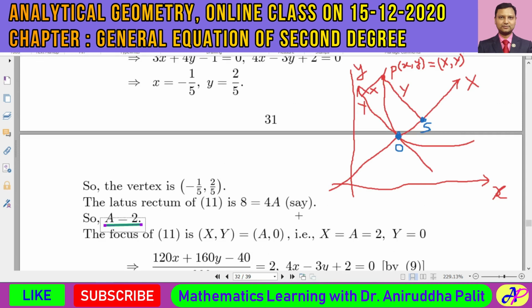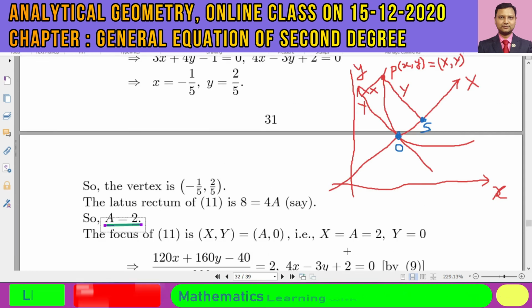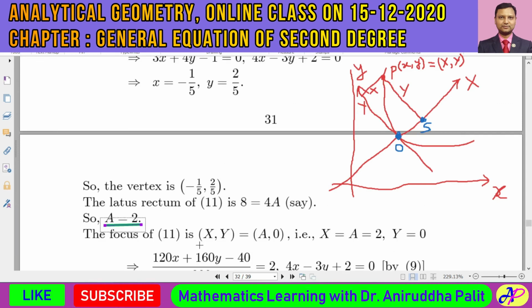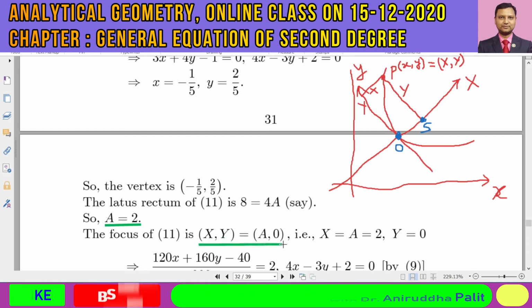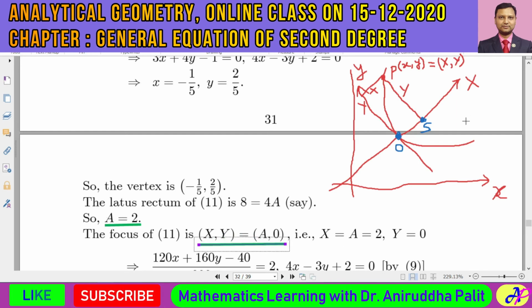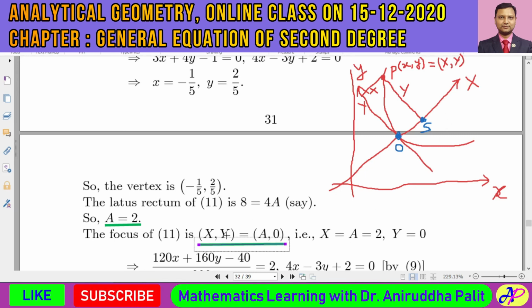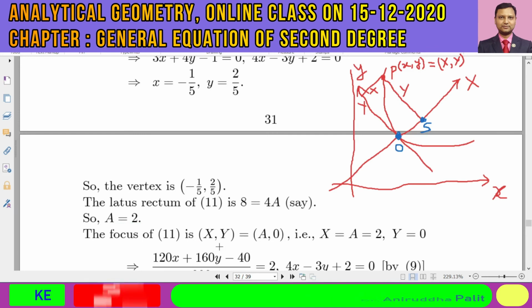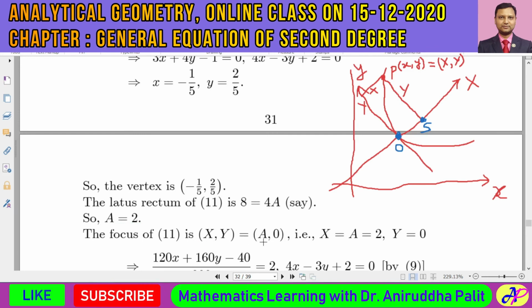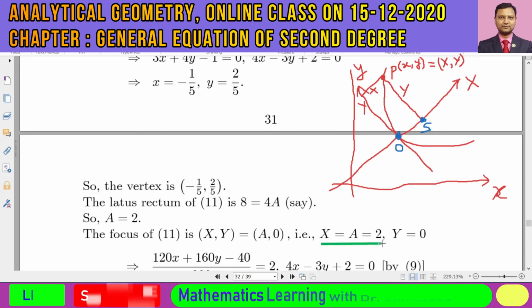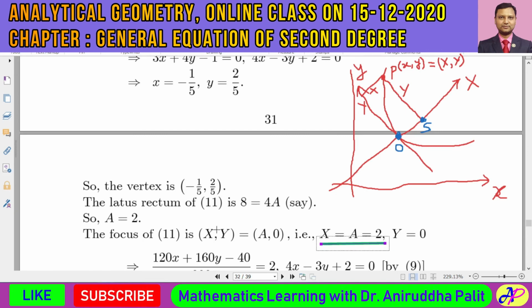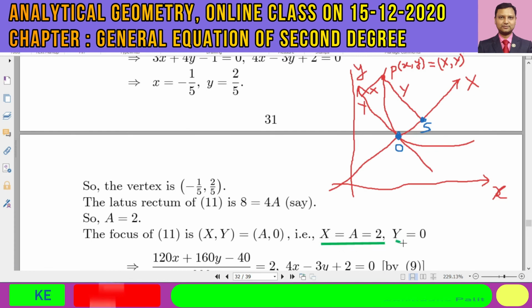Now what is the focus? We know that the focus has the coordinate a comma 0. Focus, that means this point capital S, has this coordinate in terms of the capital X and capital Y axes. So what does it mean? X, Y is equal to a comma 0. That should mean that capital X is equal to a, that is actually 2, and capital Y is equal to 0.